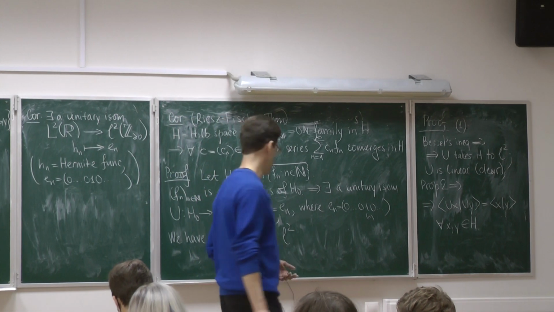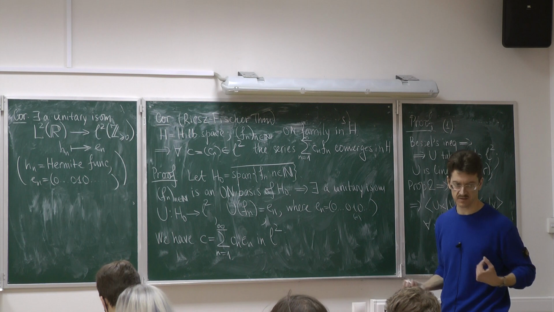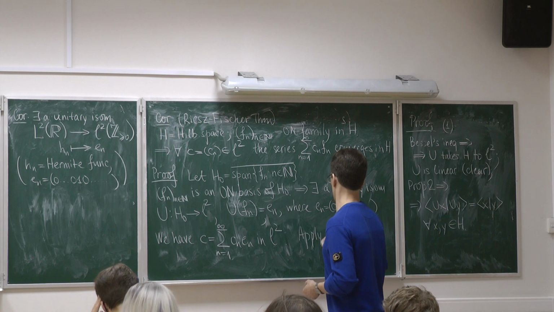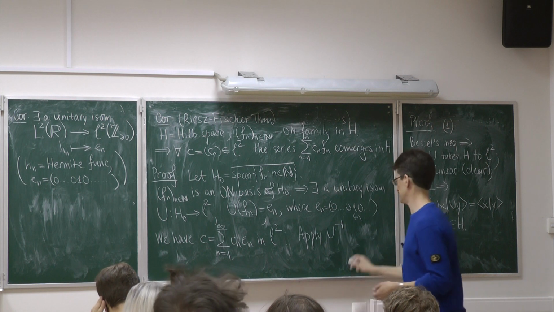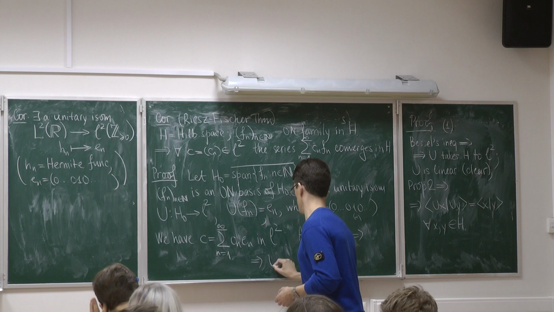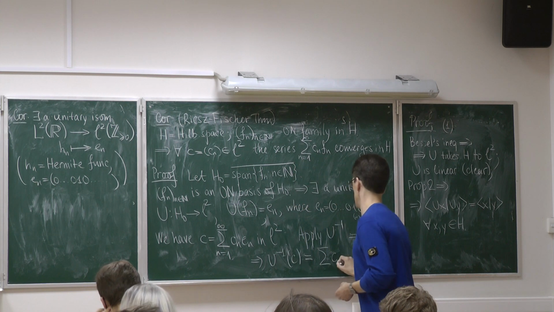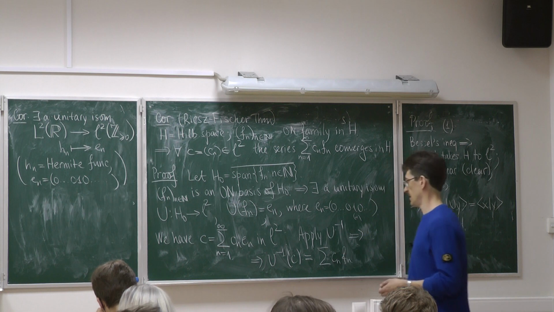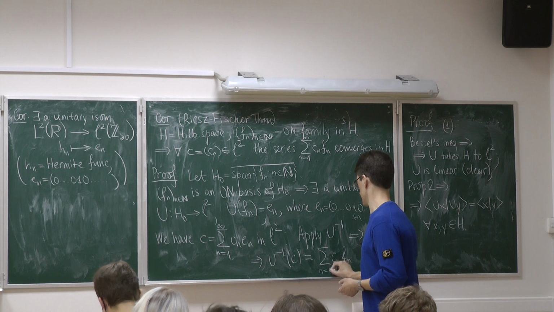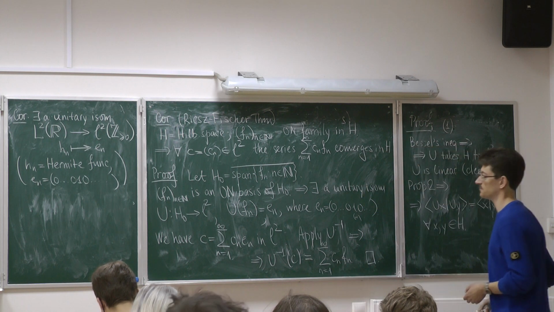And now to complete the proof, it remains to apply the inverse map, U inverse. And we conclude that U inverse of C is the sum Cn Fn. And so this series converges. And this completes the proof.